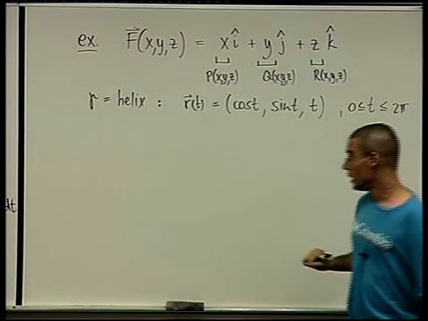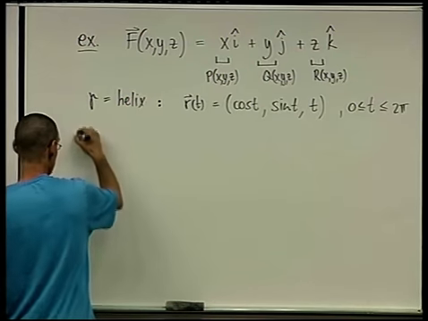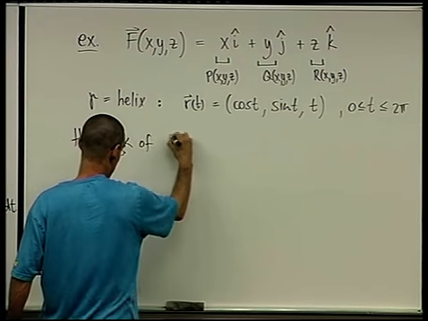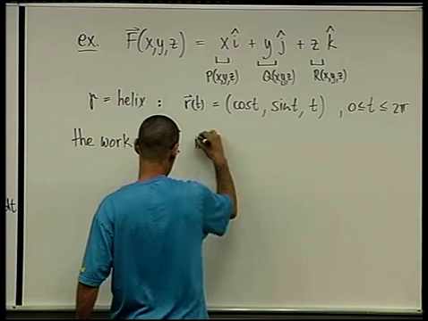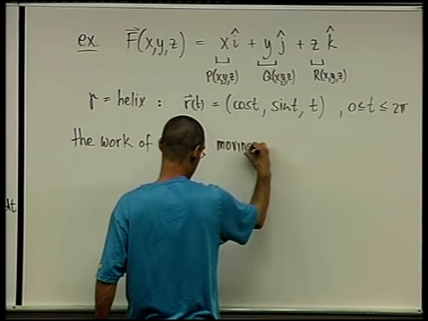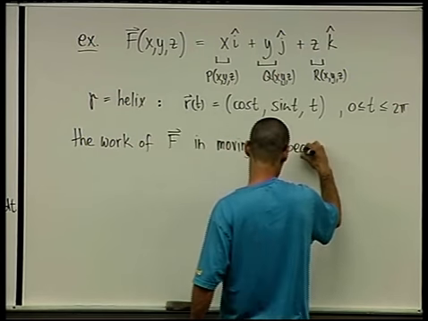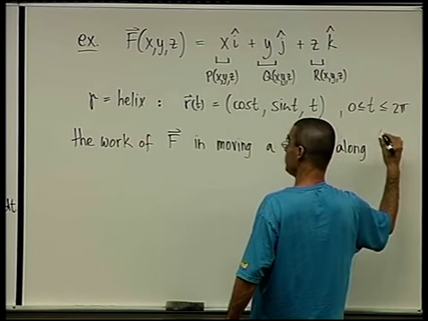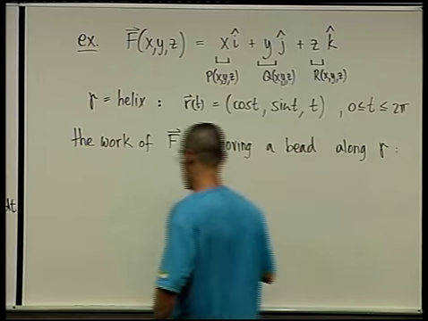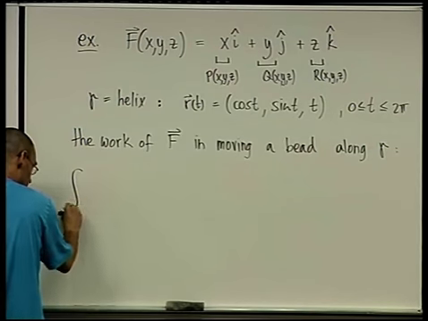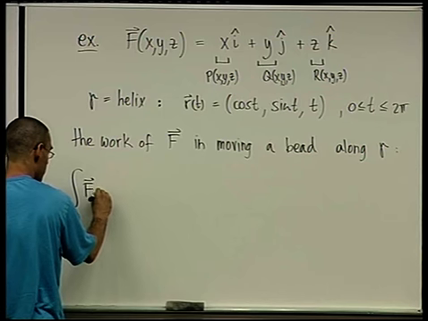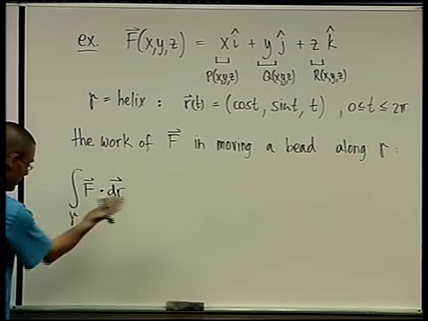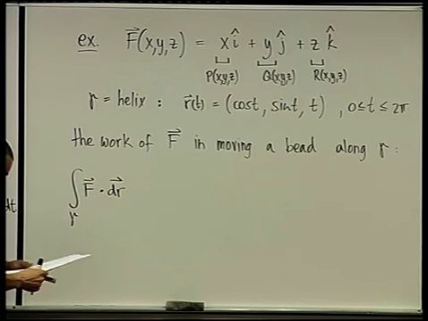Good? So the work of F in moving a bead along gamma is what? It's the integral of F dot dr over gamma. This is just notation. It's nothing we can really work with.